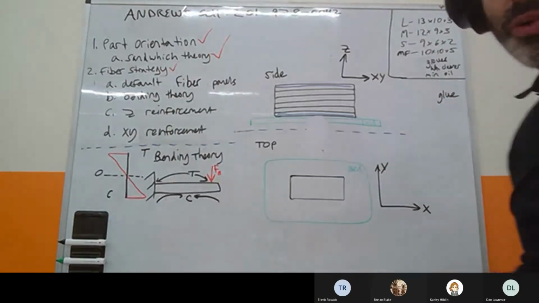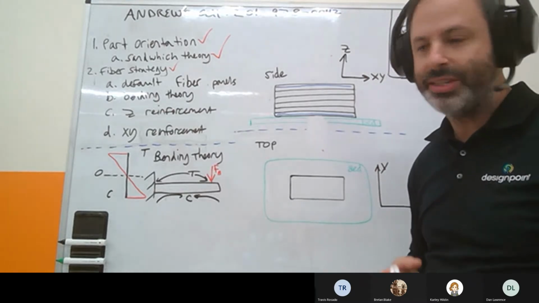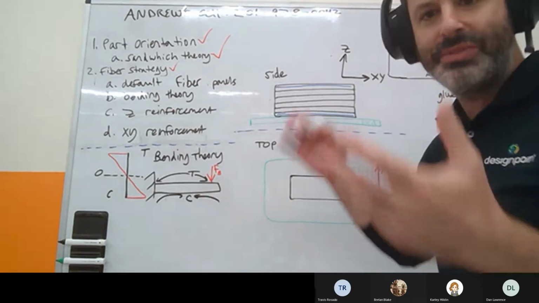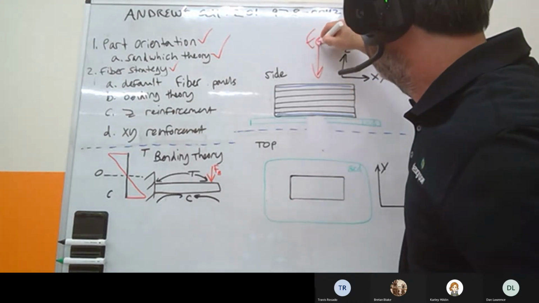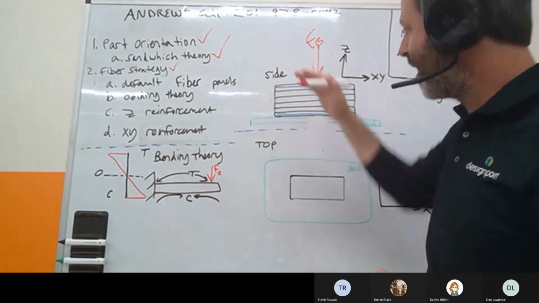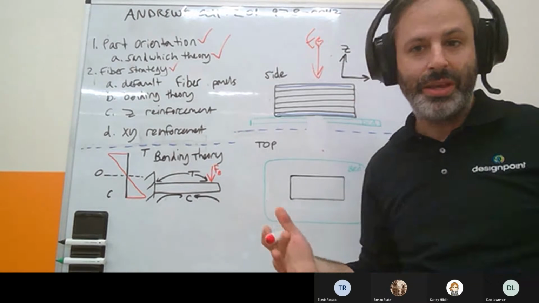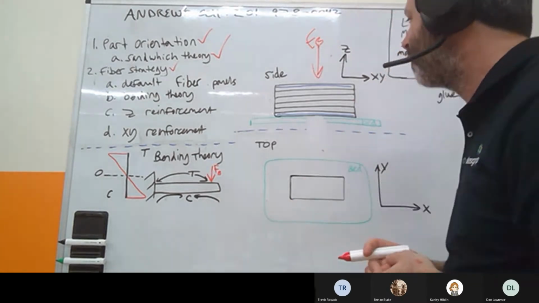And what Markforged is assuming, and the reason why they're putting this as a default, is they're assuming that you might just have some sort of bending load coming from the top, right? Putting some force on the part. So they put these fiber panels in there to stiffen it, thinking everybody probably just wants a little bit of strength in that direction if they're adding fiber.